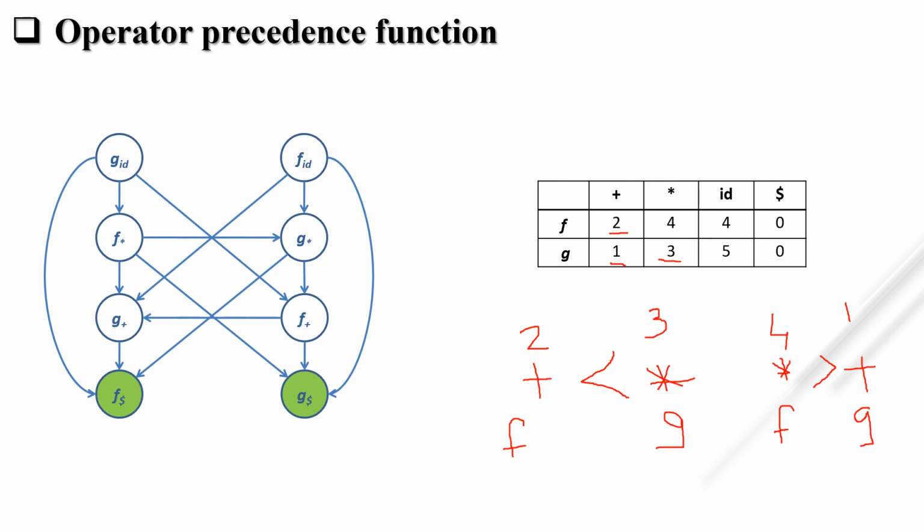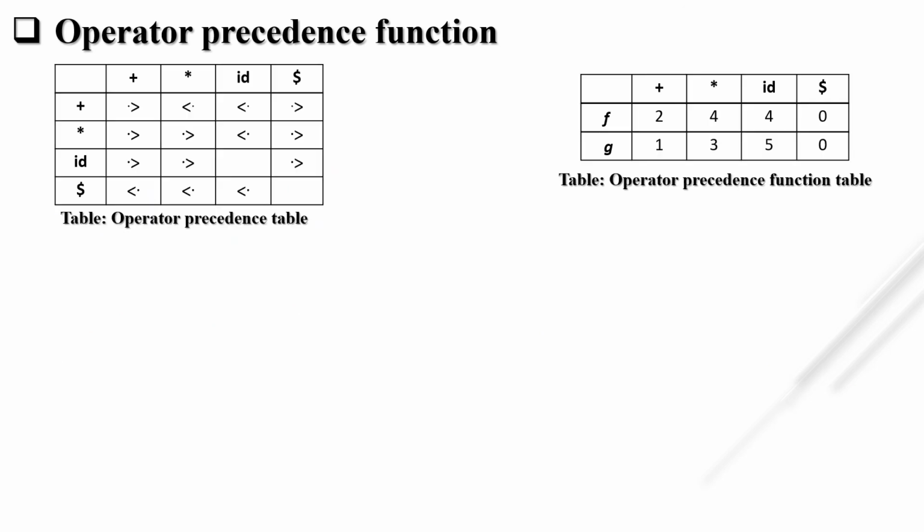There are advantages of this operator precedence function compared to the operator precedence matrix, and also one disadvantage. Let's see what they are. There are two different tables for the same operators, plus, multiplication and id symbol. This is the table for the operator precedence matrix and this is the table for the operator precedence function.